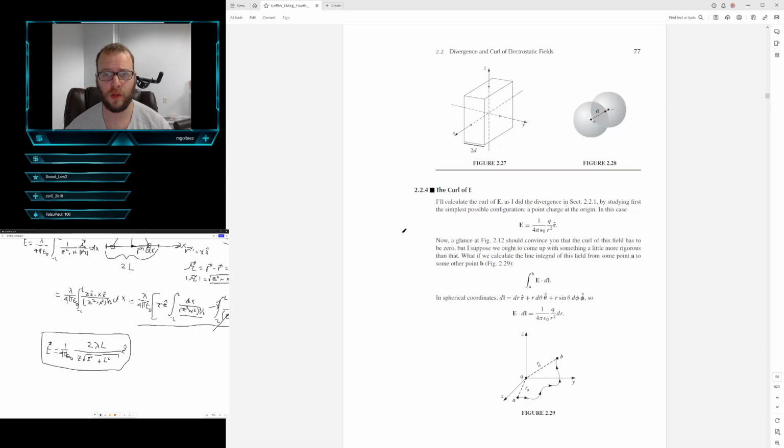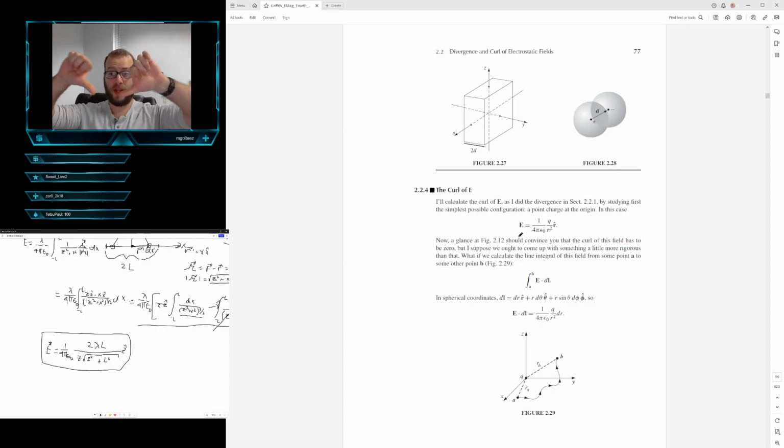But let's get to the curl of E. So we have our definition for a single point charge E. We want to calculate the line integral. At a glance, we drew a picture of this vector field, and we saw we just had points radiating out or radiating inward depending on the charge of Q. So if it's a positive charge, everything is going out.